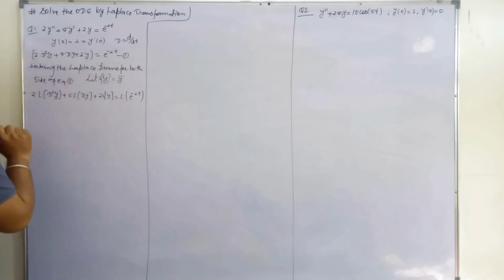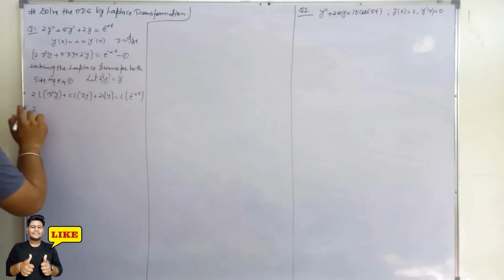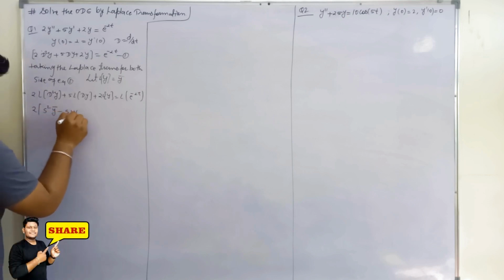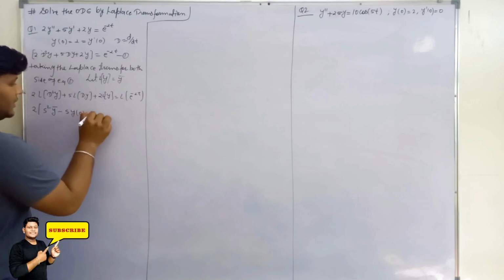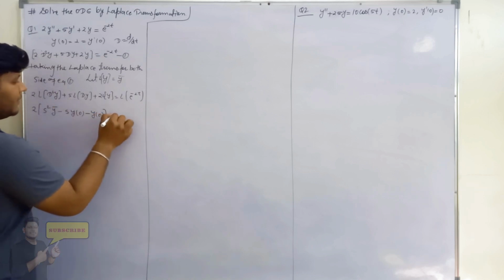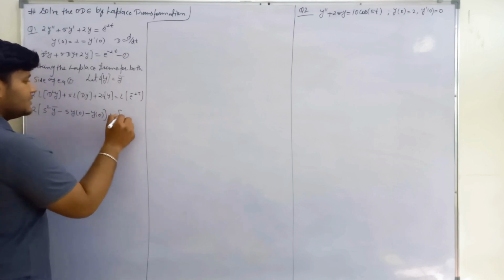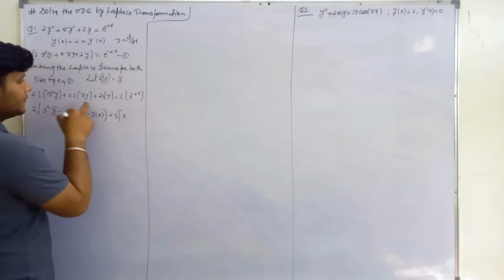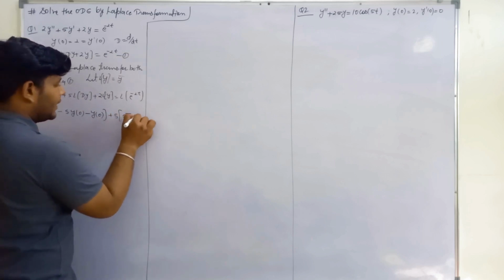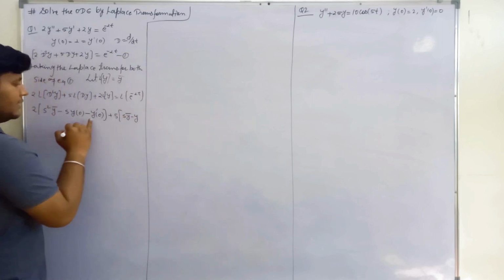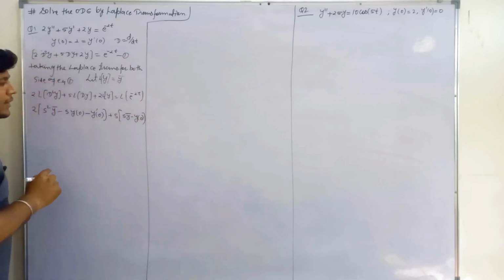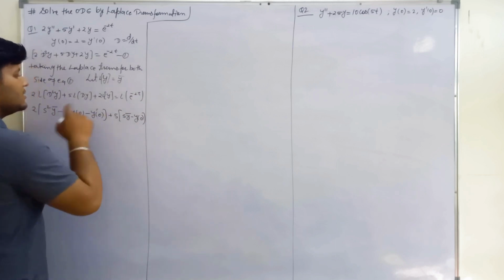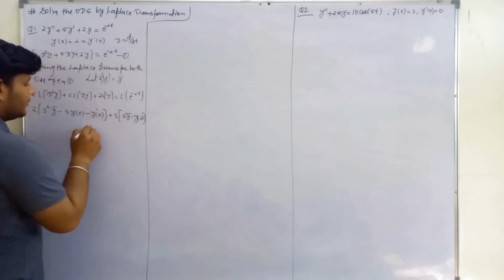So now the Laplace of D²y is s² y bar minus s y0 minus y dash 0. This is the theorem, the Laplace transform of derivative. Then plus 5 times s y bar minus y0, plus 2 y bar.